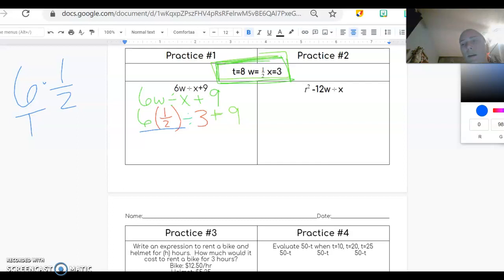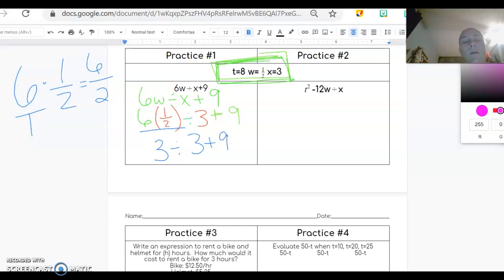So I'm going to do it this way because it helps me solve a little bit easier. Okay? 6 times 1 is 6. 1 times 2 is 2. Okay? 6 over 2. 6 divided by 2 is 3. Okay? Divided by 3 plus 9. We bring everything else down.